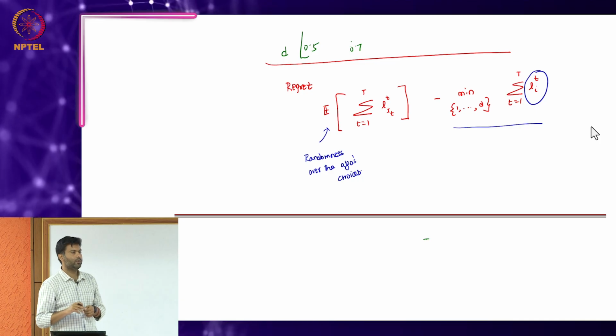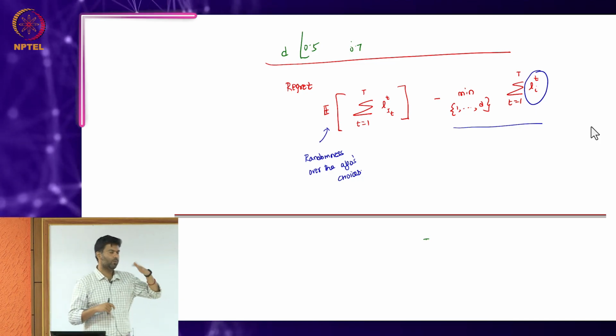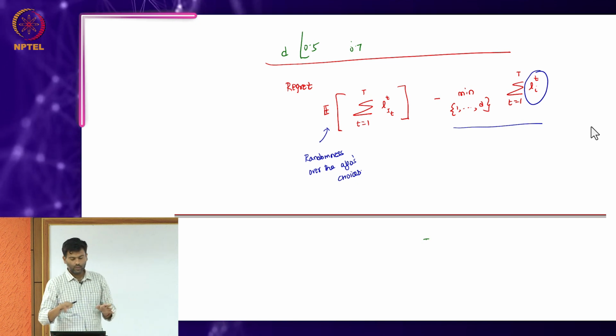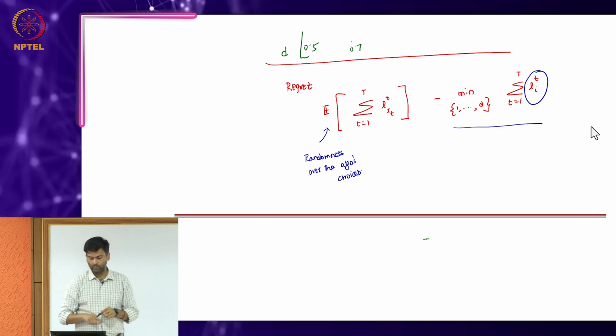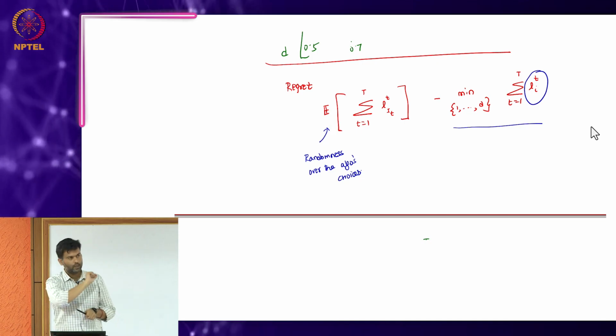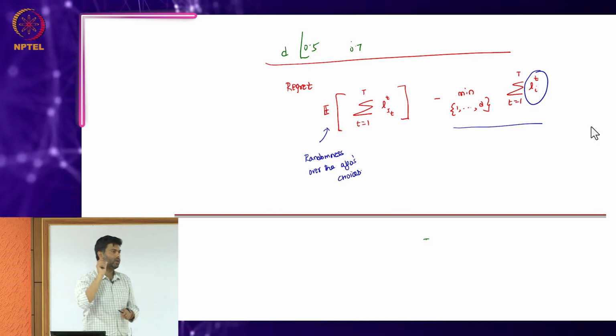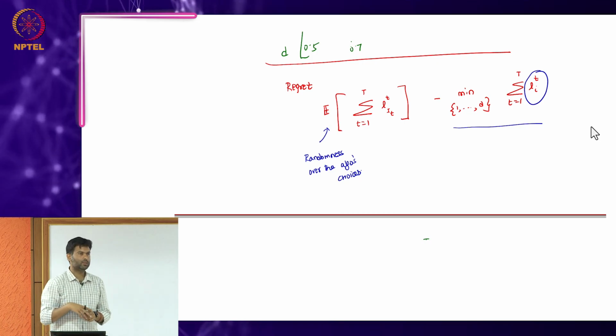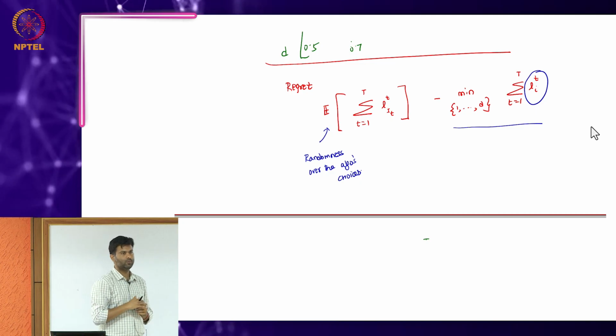If you are choosing randomly, it's going to be 1 over d probability for each of the actions. But now the adversary can make sure that on average you are suffering much more, and there is one guy who is very good, but you would have picked him only with probability 1 over d, right? So that is not going to work, no?